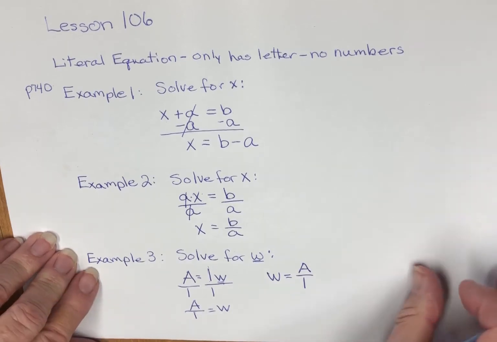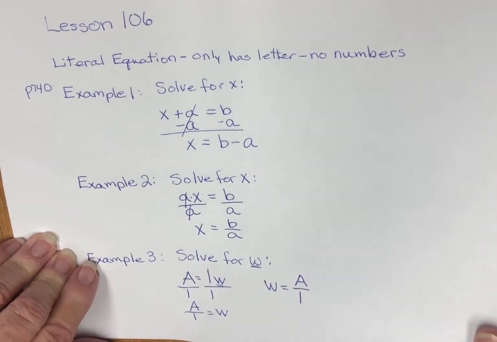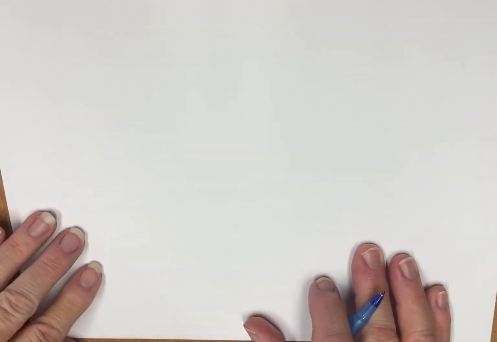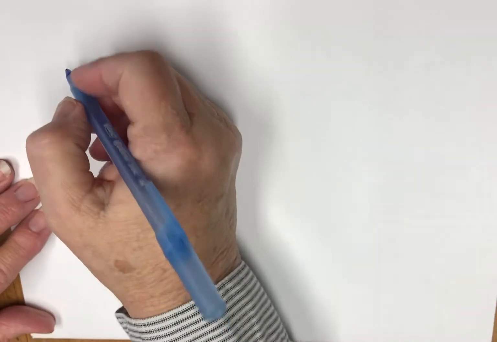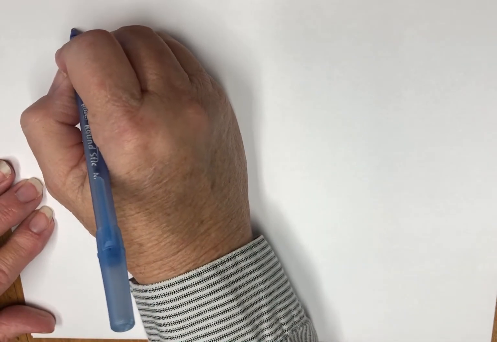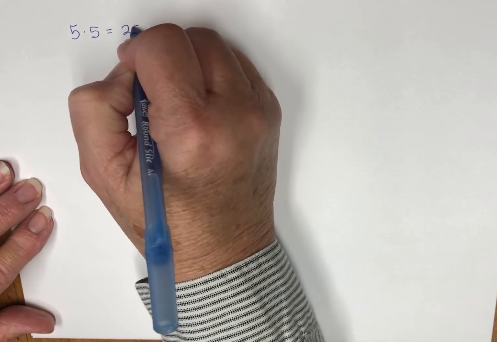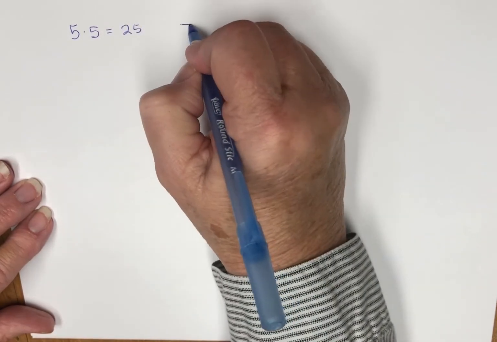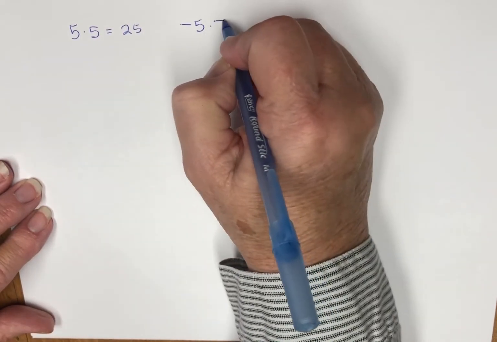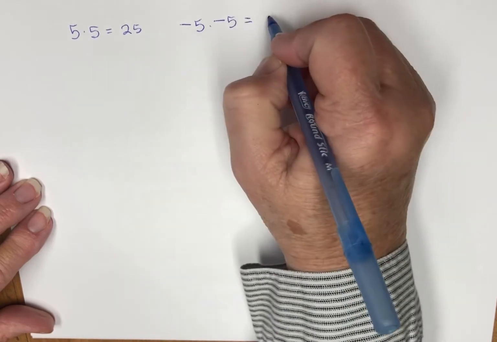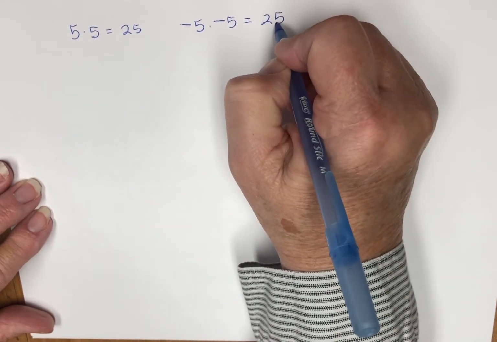Now, we're going to go on to roots. So if you look on page 740 at the very bottom, they talk about a perfect square. So the perfect square of 25 has both positive and negative square roots. So if we do 5 times 5, that equals 25. But if we have negative 5 times negative 5, that is also positive 25.